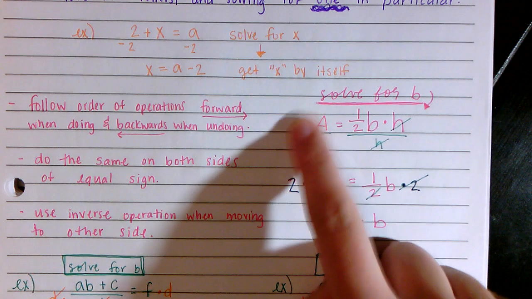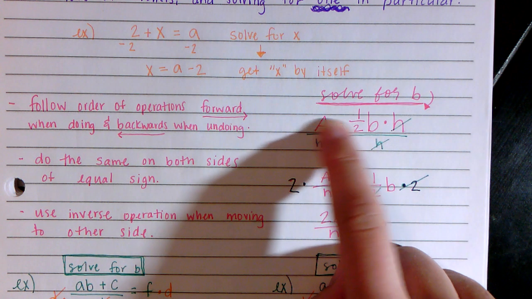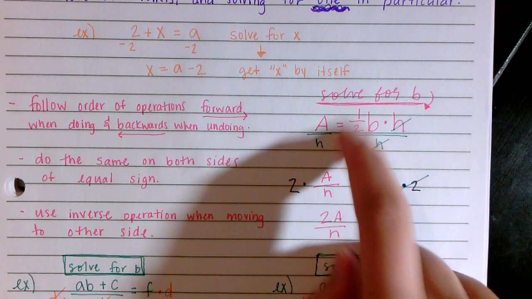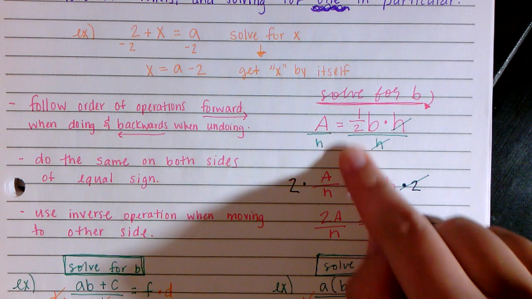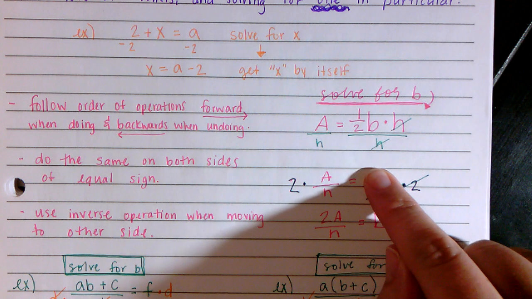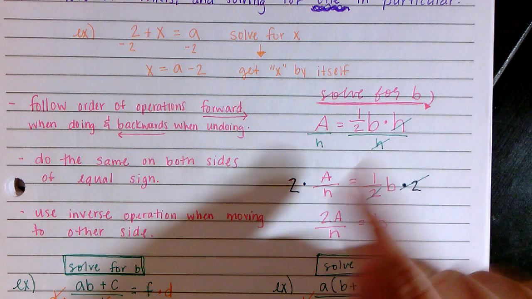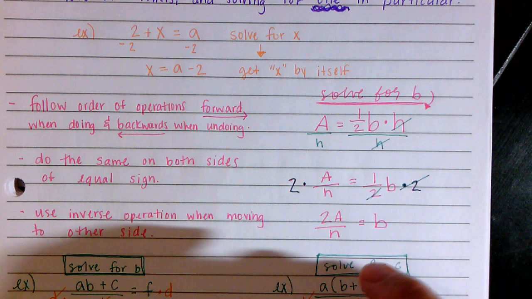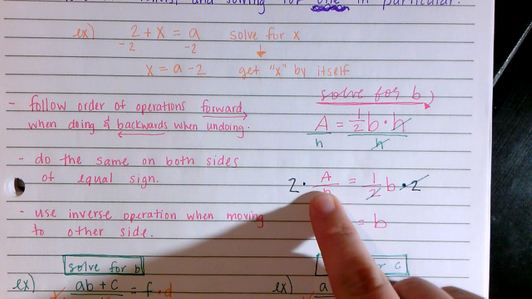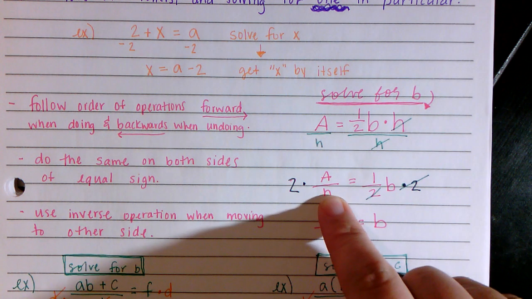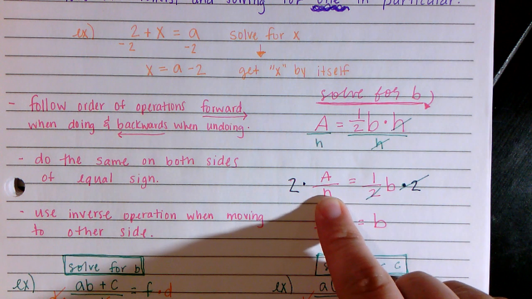You guys would not have been able to say a divided by h. For some reason, y'all think this gets simplified and this becomes something, and in a literal equation, it does not. There is no actual solving. It's just rearranging. So if this is what you have, this is what you bring down. And don't overthink it and think it's supposed to be something more.